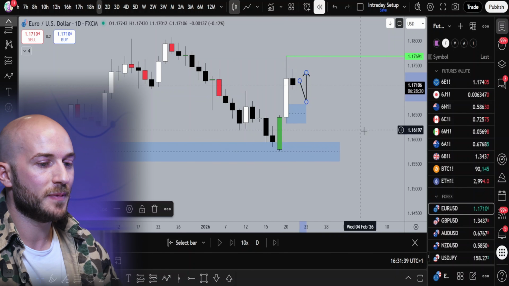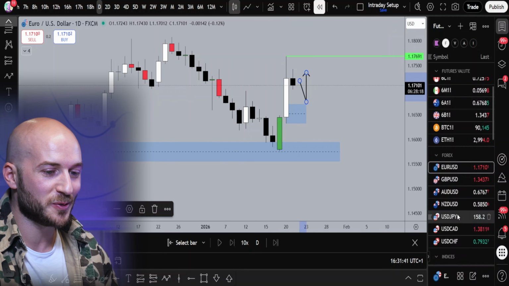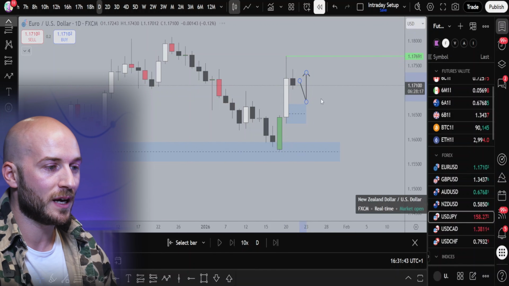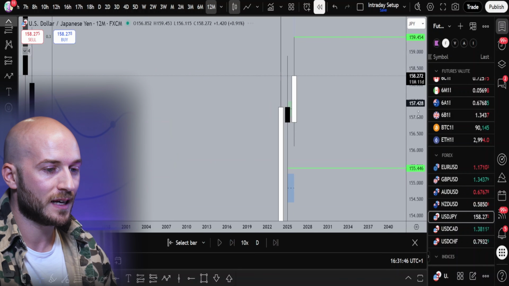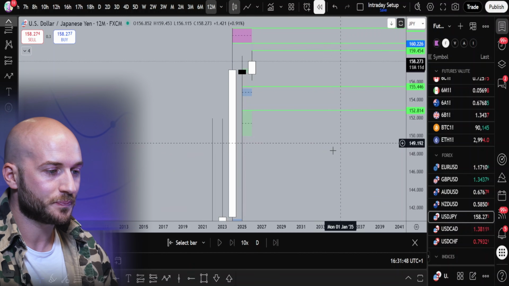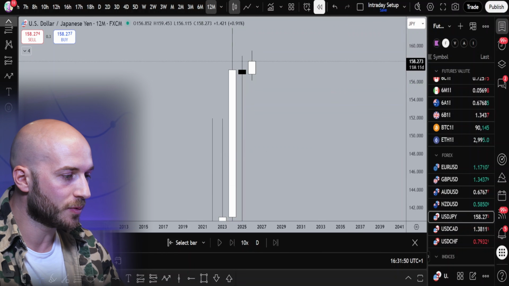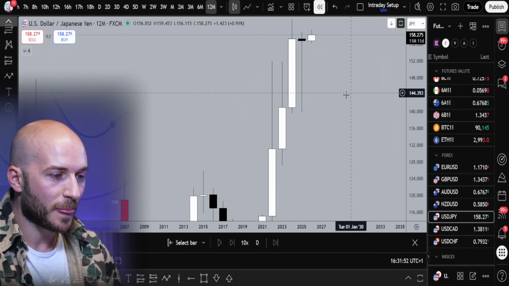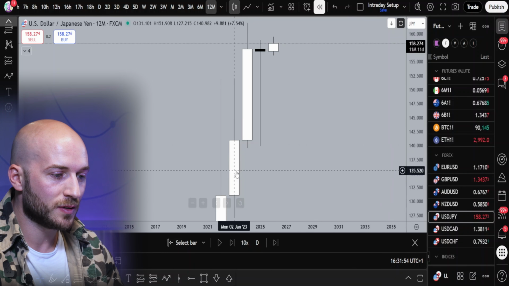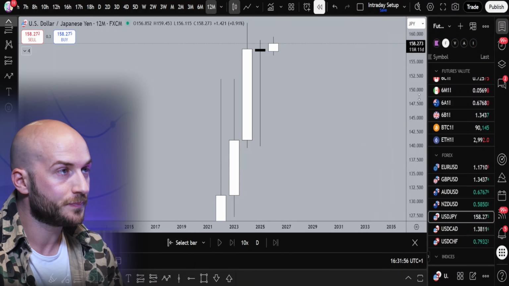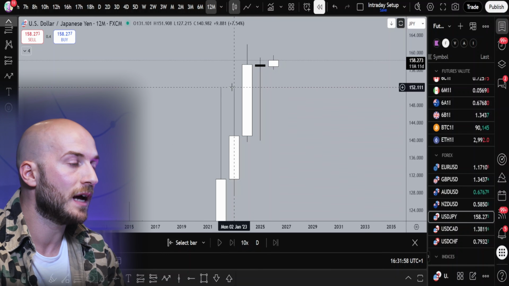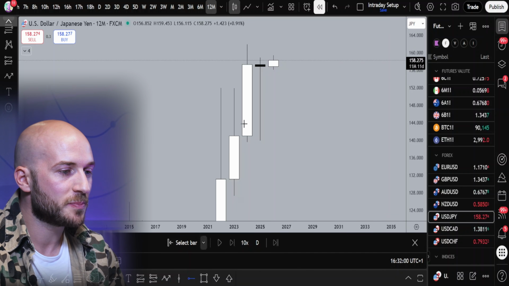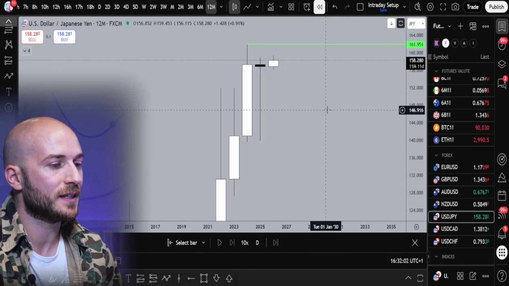Okay, and the last example I want to do is the USD JPY annual time frame. Look at this. Let me remove all the drawing. Look, the 2024 year close above the high of the previous one. So I'm expecting this high to be taken.